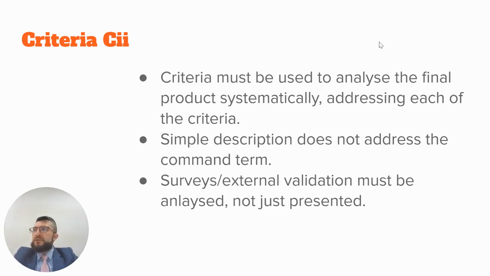There can be a tendency for students to have a large number of criteria for their project in the planning stage, and this can lead to some issues at this stage of the project, because to actually get to the highest level in criteria C, they need to clearly and systematically analyze their product against each of those criteria. And if they've identified 6 criteria, then it really makes it a difficult task to do that.